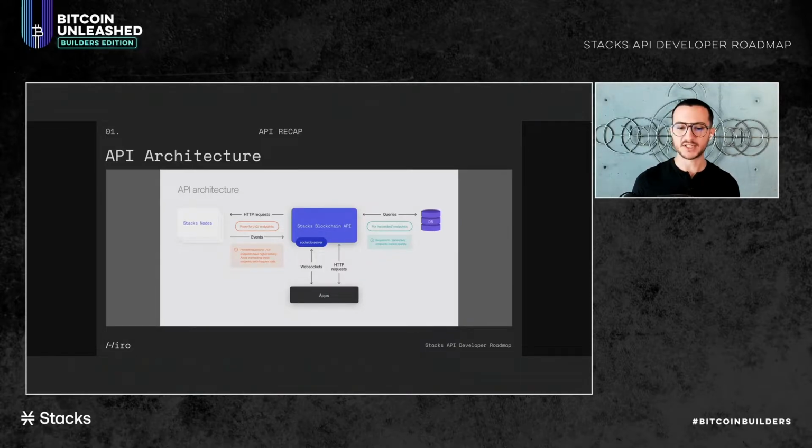And then we use that database to power up HTTP endpoints so that developers can query that same data. We also offer WebSocket servers so that if developers are interested in receiving real-time events, they can do so through these servers. And this is how the API works today.